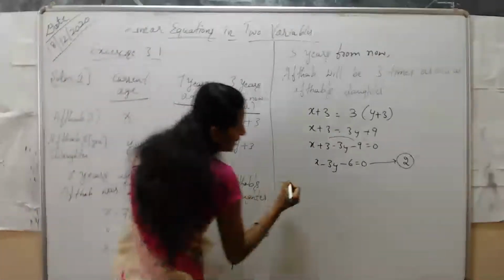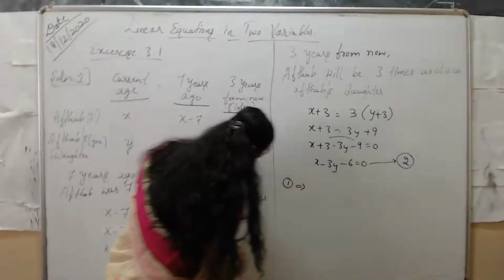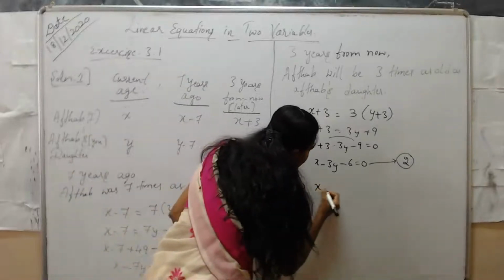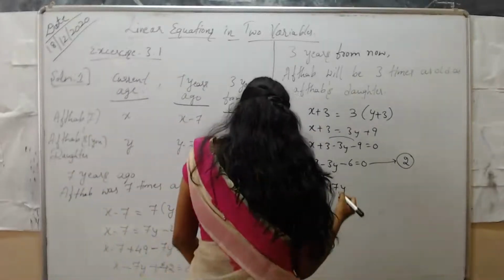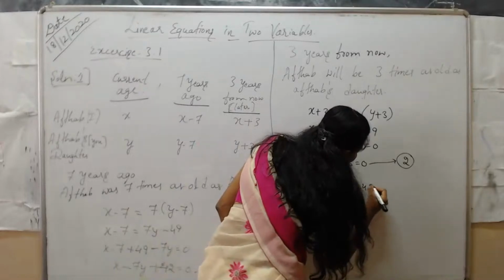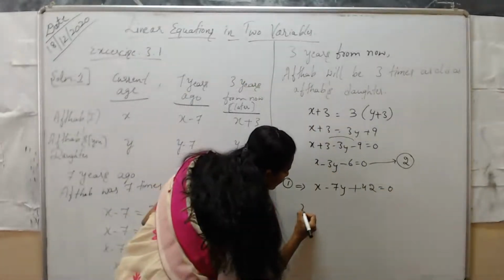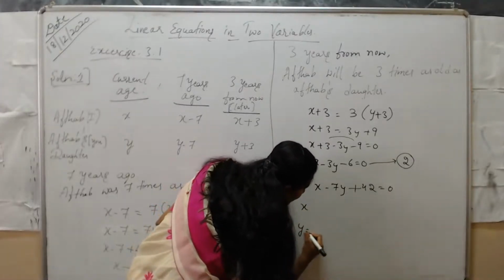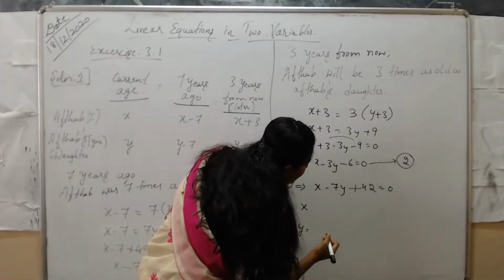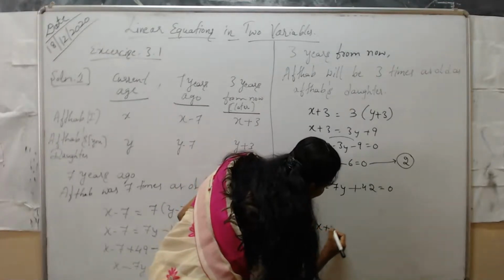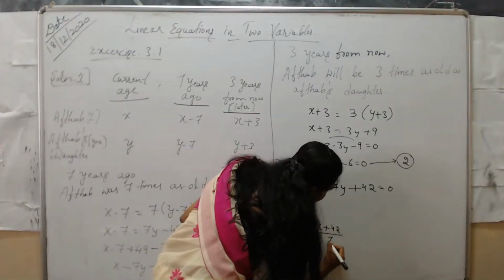So equation 1: what is equation 1? x minus 7y plus 42 is equal to 0. So what do we have to do here? What is y equal to? y is equal to x plus 42 divided by 7.